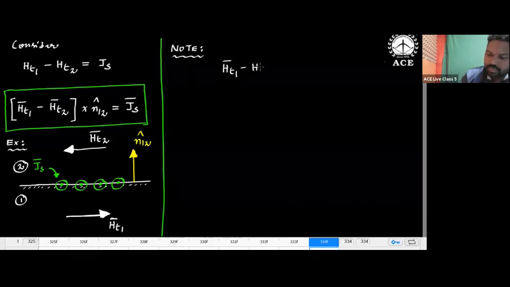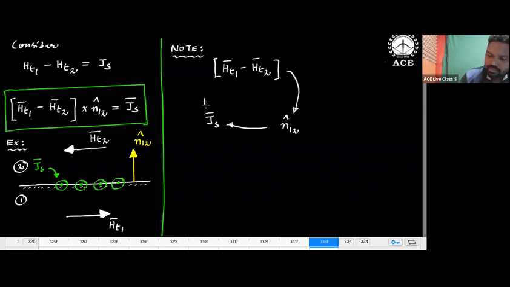HT1 minus HT2, N12, JS. These three are an orthogonal set, beta. What does that mean?